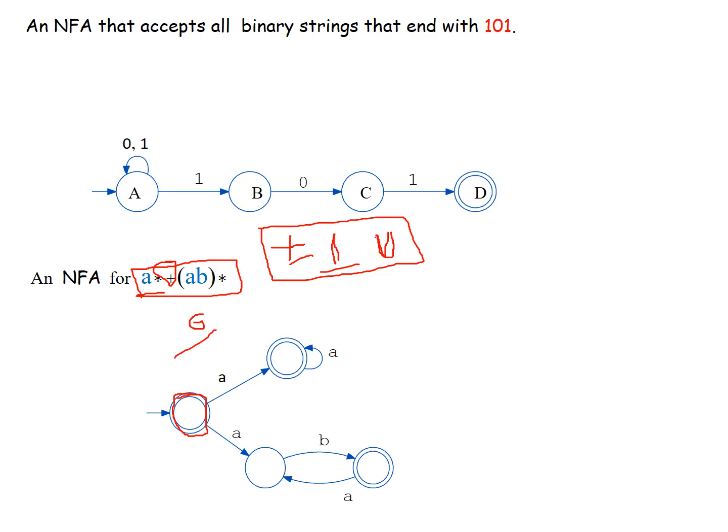Suppose here the input is only A, it takes A, reaches the final state, and any number of A's can come, it will take them and prove the first part. In the other case, it can accept AB star: A, B, A, B, A. So this will be the second part. This also will accept it. Okay, so this way it can be constructed.